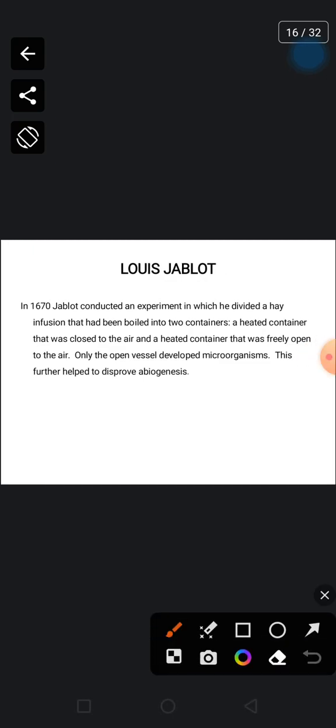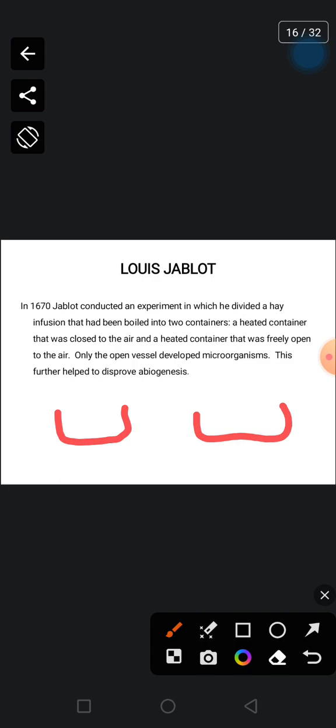Now the next scientist is Louis Joblot. In 1670, he conducted an experiment in which he divided boiled hay infusion into two containers. One container was closed, the other was freely open to the air. This was container number one and this was container number two.